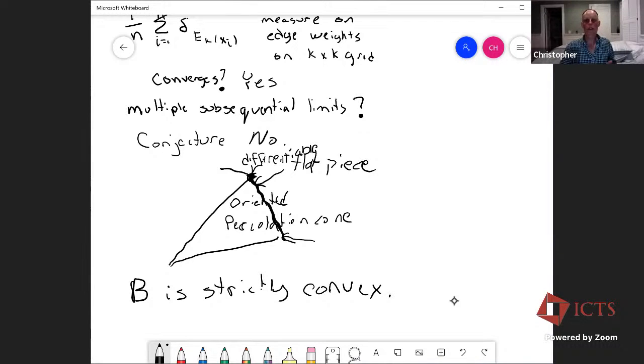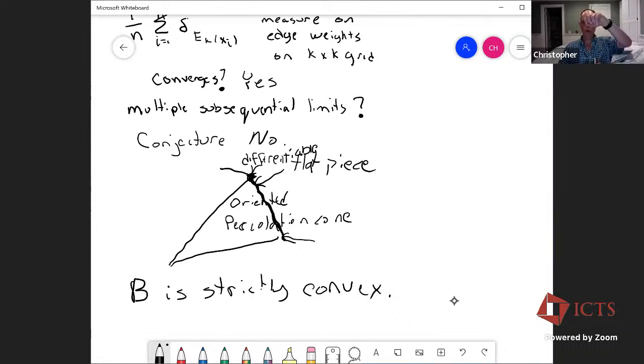It's pretty easy to say that when I take a limit of geodesics approaching one side of the cone and a limit of geodesics approaching the other side of the cone, I'm going to get different measures. Because by looking at this environment, I can see which way the geodesic is moving.